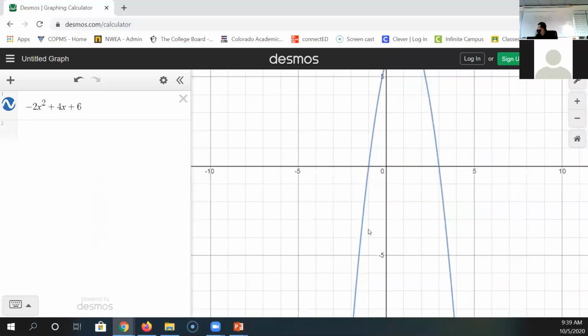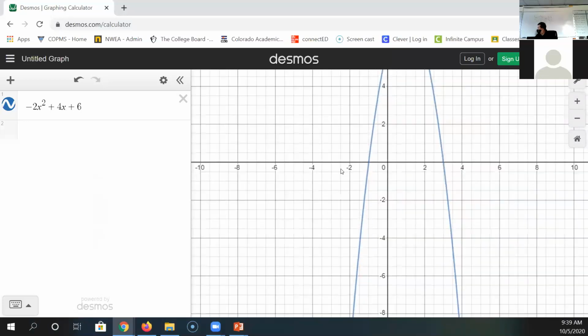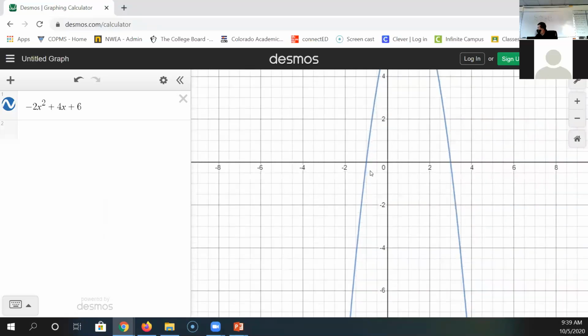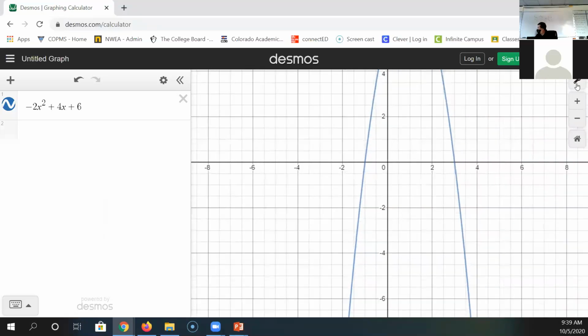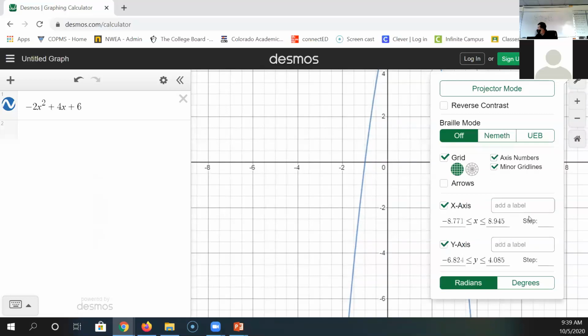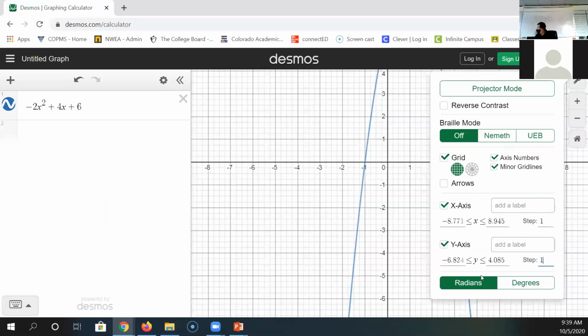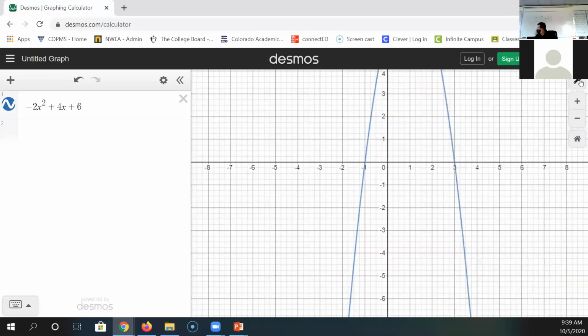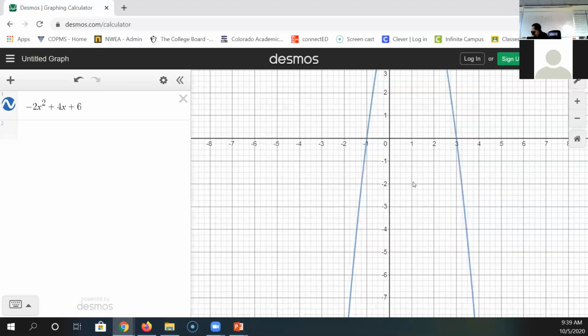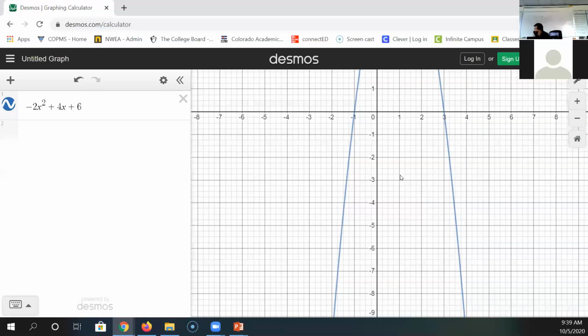So here's negative 2. Count by 0.5. Just step by ones. There we go. Now I can see it. The cool thing about Desmos is you can zoom in, zoom out.